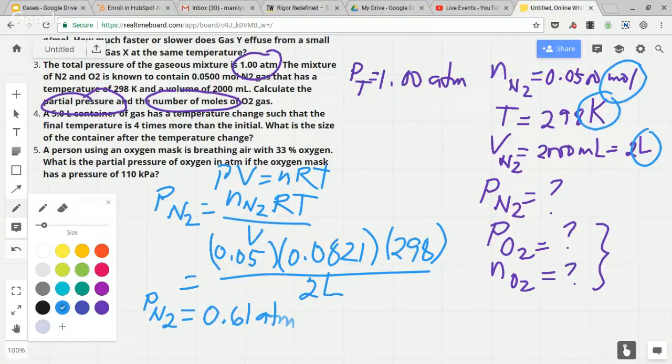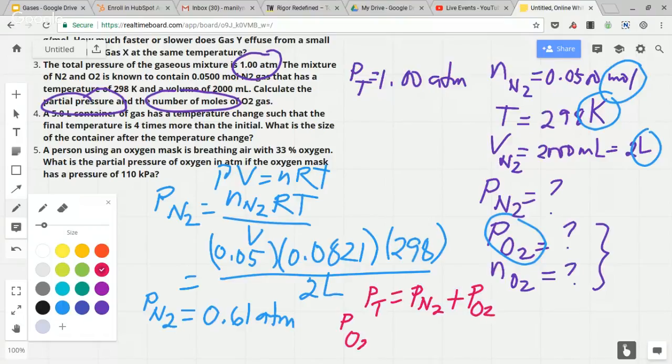That's the default unit of pressure because of the R. So atm is the automatic default unit of the partial pressure of N2, from which we can get the partial pressure of O2. From Dalton's law, let me use a different color, PT should be equal to the sum of PN2 plus PO2, in which we're getting PO2.